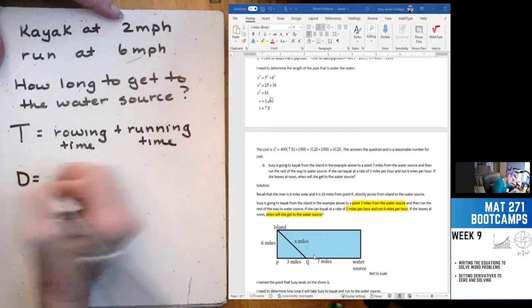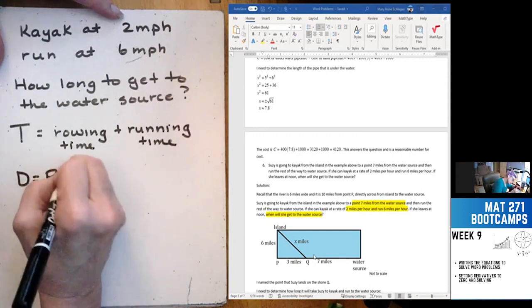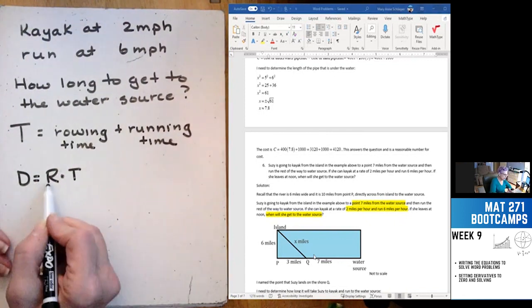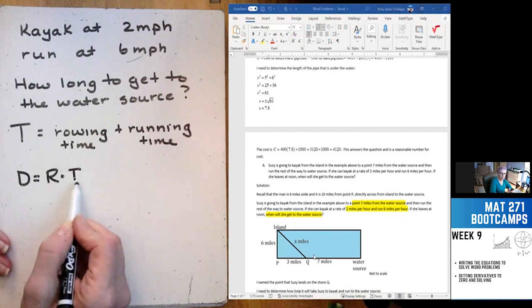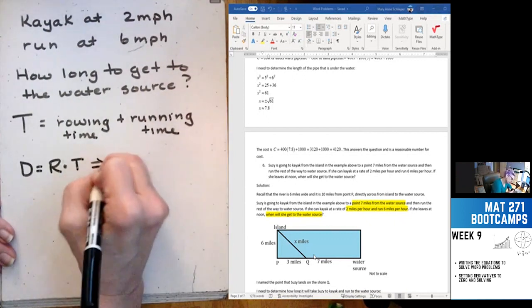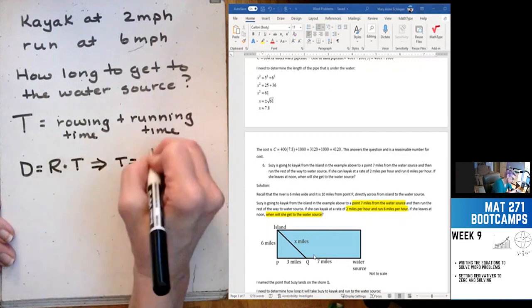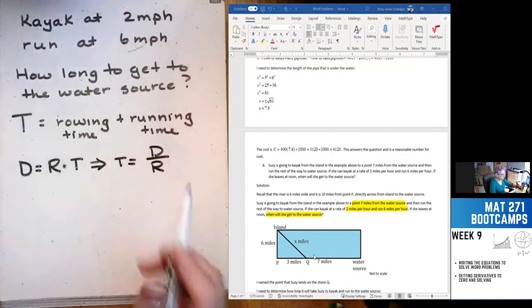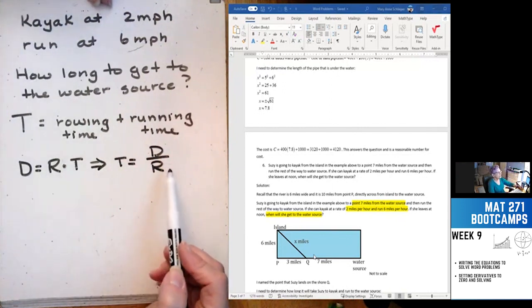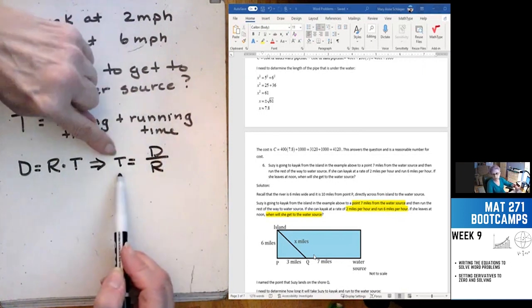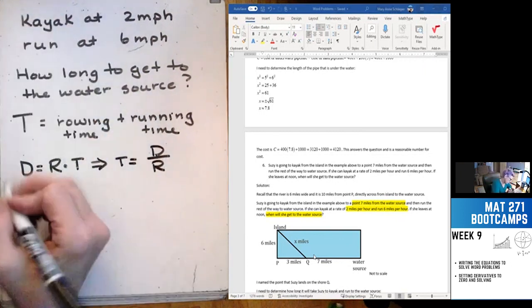Well, we go back to the ever popular distance equals rate times time. How far you go is equal to how fast you're going times how long you travel. So time is equal to distance over rate. We know our rates. We can figure out our distances, so we can figure out our times.